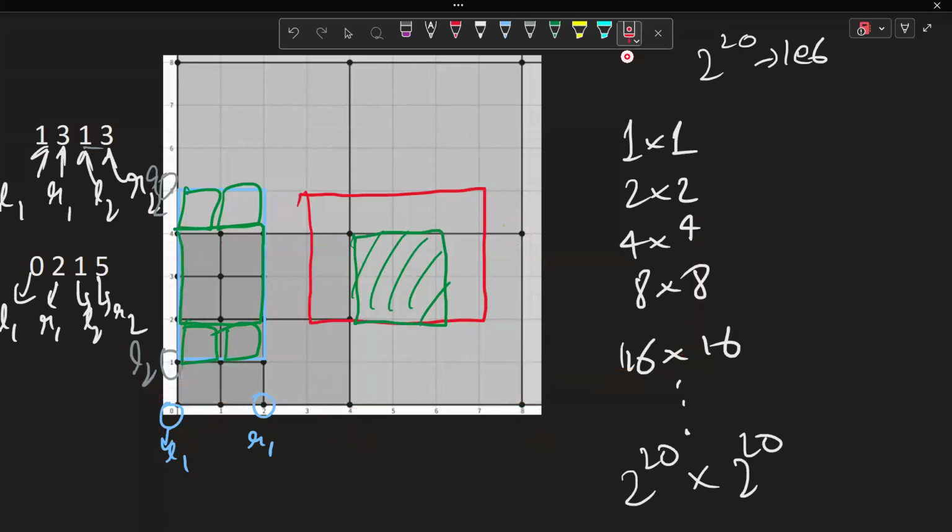So just by looking at your L1 and R1, can you determine which is the first 2 cross 2 square that would be completely inside? For this L1, if it is divisible, then there would be a 2 cross 2 starting here. And if not, then whichever is the next integer point which is divisible by 2, a 2 cross 2 square would start from there.